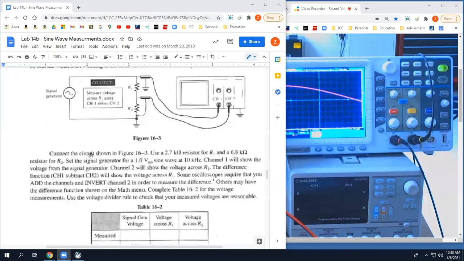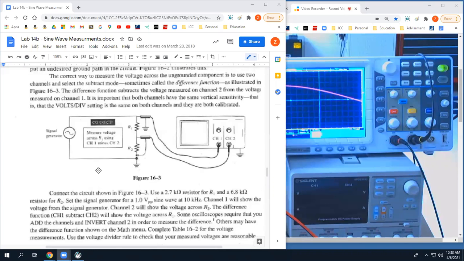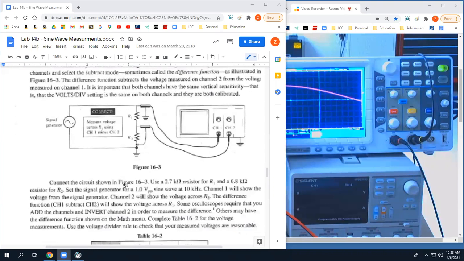Connect the circuit shown in figure 16-3. So we're going to set the signal generator for a 1 volt peak to peak sine wave at 10 kilohertz.